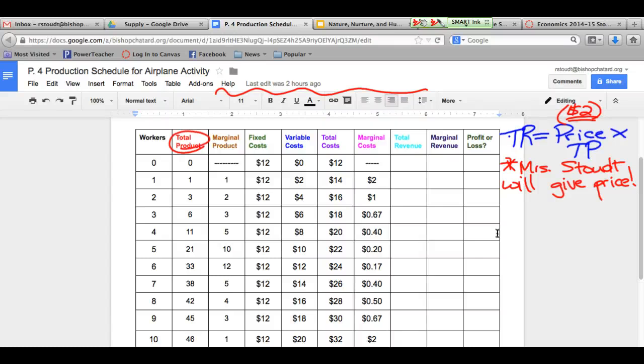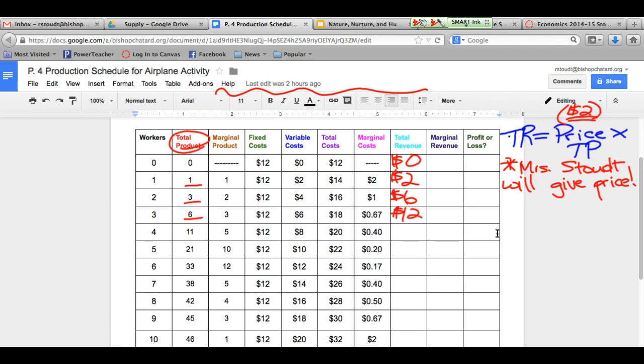So we're doing 2 times 0. Obviously we didn't make anything, so we can't sell anything, so our total revenue is 0. At 1 worker, we're multiplying 1 times 2, the price, so our total revenue is 2. At 2 workers, we're taking 3 times 2, our price, to get 6. At 3 workers, we're taking 6 times 2 to get $12.